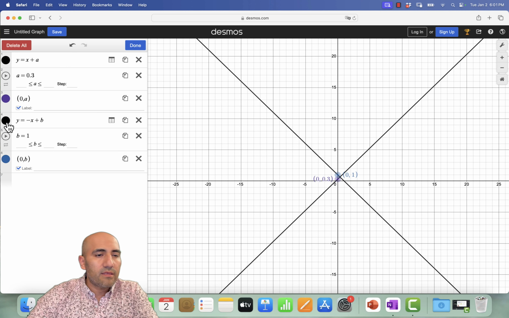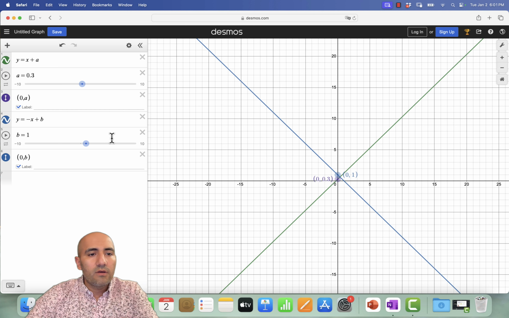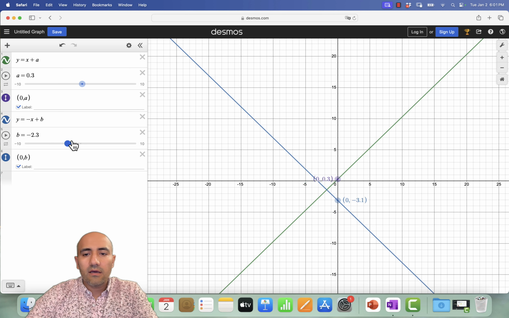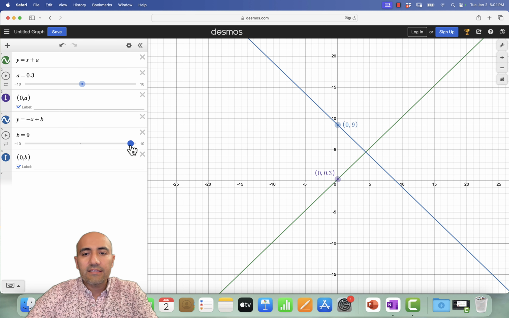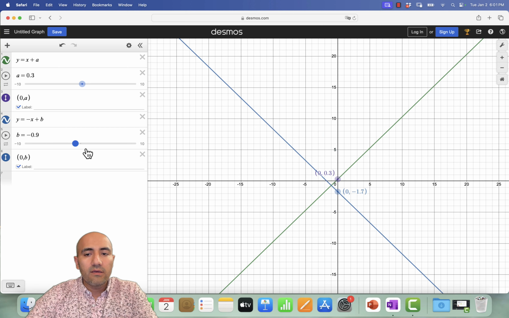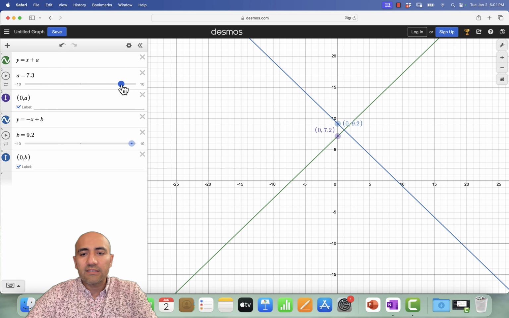So let's make this line blue and we'll make this line green. There we go. Okay, so as I change the value of b in this equation, that slides up and down the blue one. And then as I change the value of a in this equation, that slides that one up and down.